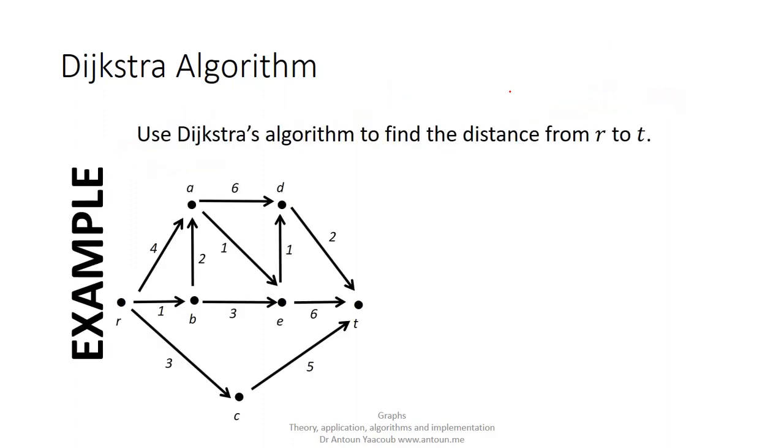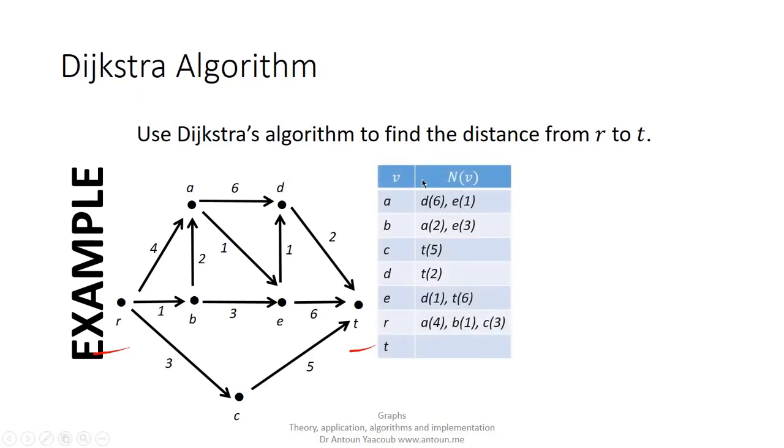So let's do our example. We have here our network, and we need to use Dijkstra's algorithm to find the distance from R to T. First we need to list the neighboring vertices in order not to forget any vertex. So we have here the neighbors of each vertex.